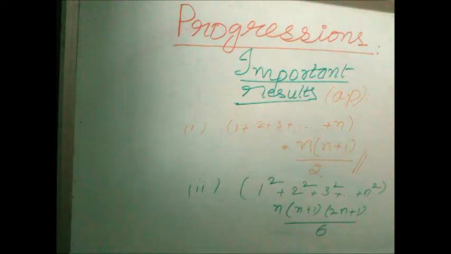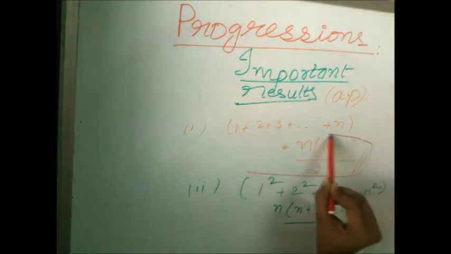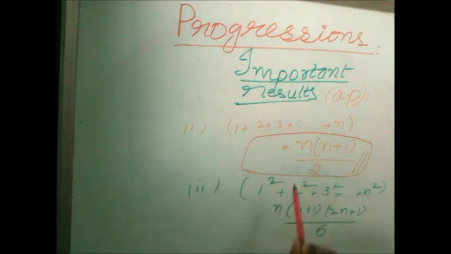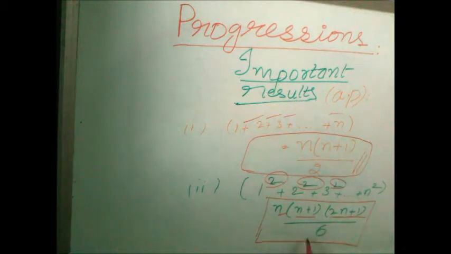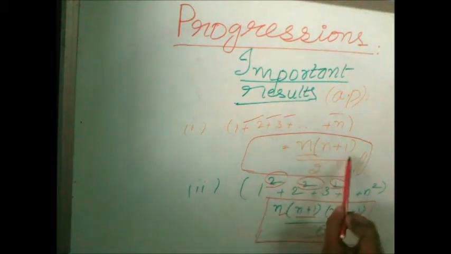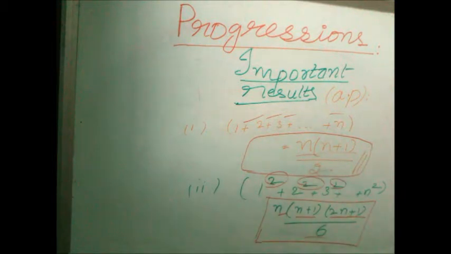See, we have to note down such formulas. There are no squares here, there are squares here. You have to remember n into n plus 1 into 2n plus 1 by 6. This is n into n plus 1 by 2.